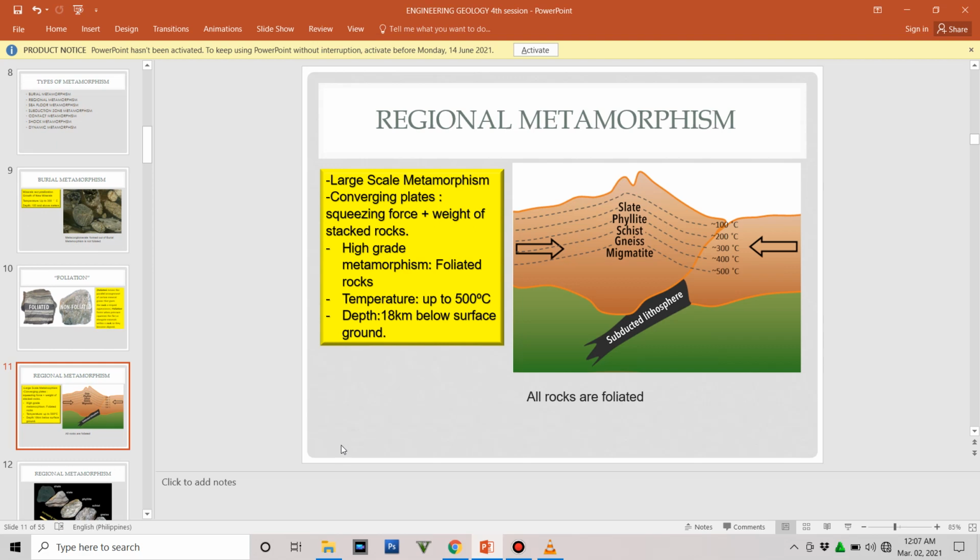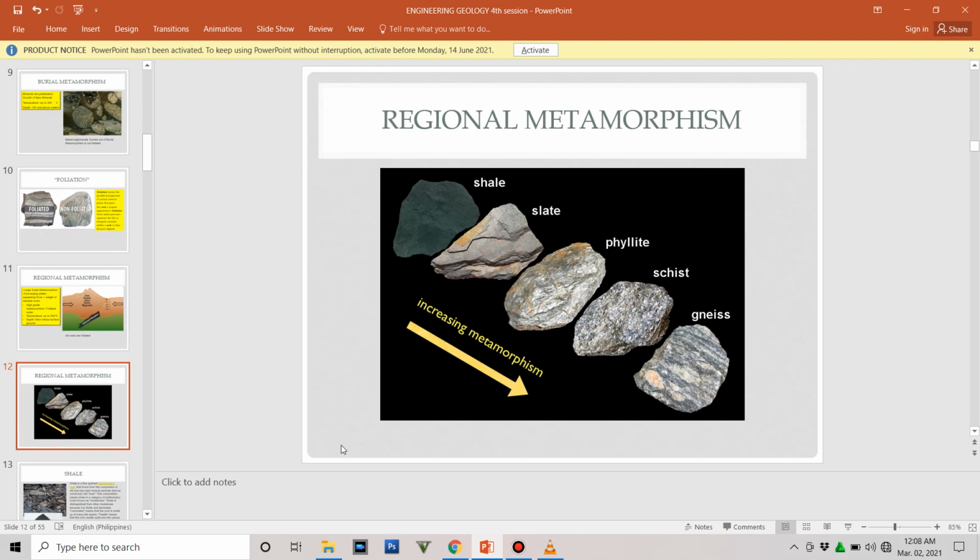As we can see here, we have a lot of changes with respect to the increase in depth. From slate, we have phyllite, schist, gneiss, and that's it. Beneath that is migmatite, the hot melted material below the gneiss.